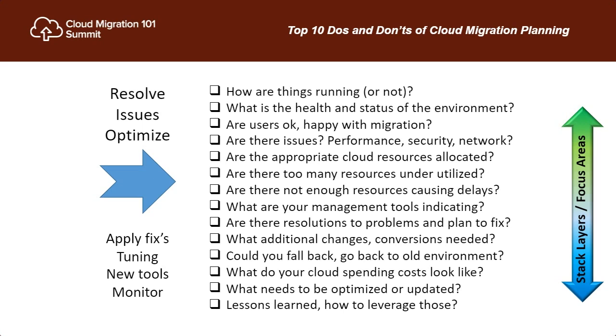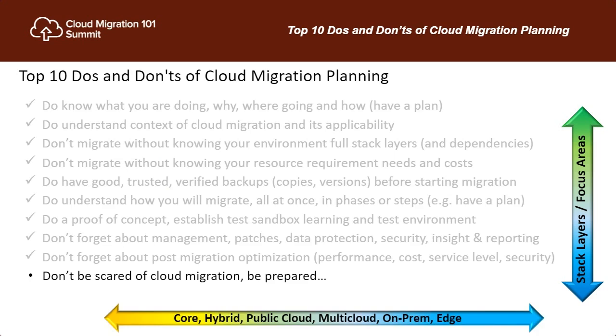It's also about not starving workloads, not starving applications out. In other words, being penny wise, pound foolish by trying to save too much at the expense of causing a productivity problem. That's part of understanding the apps and their workload needs. But also, what are the lessons learned? How do you leverage those on a go-forward basis, apply the fixing, the tuning, and away you go.